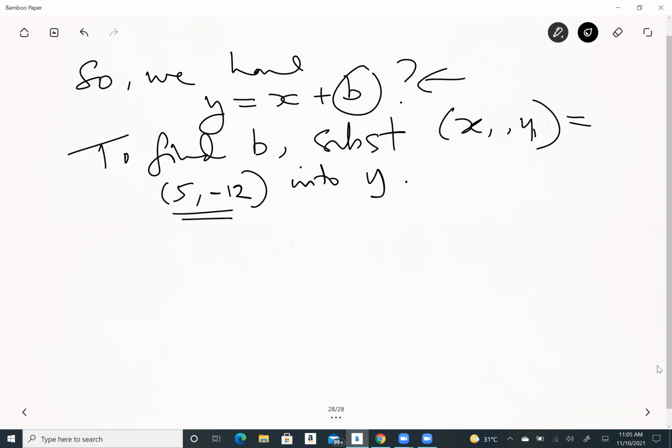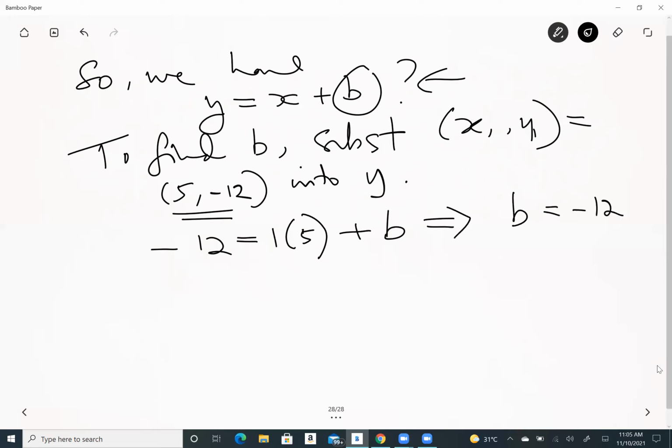You got negative 12, which is the value of y, equal to, m is 1, so I just put 1 multiplied by the x, which is 5, plus b. So therefore, b is equal to, you bring the 5 to the other side, that becomes negative 12 minus 5. That is negative 17. So now you got b.